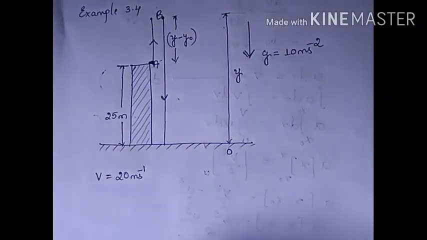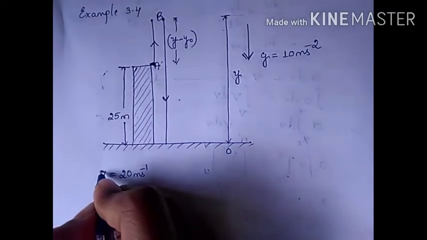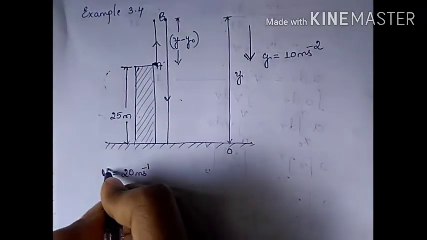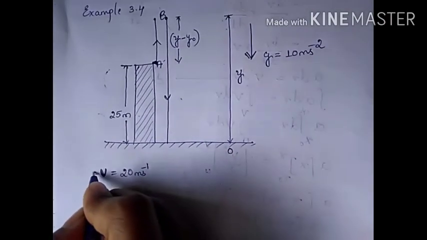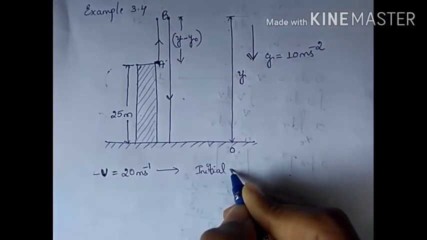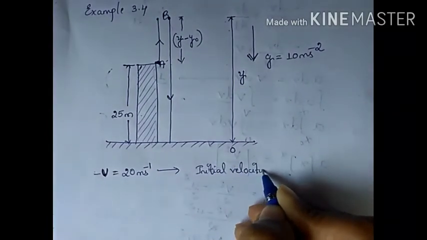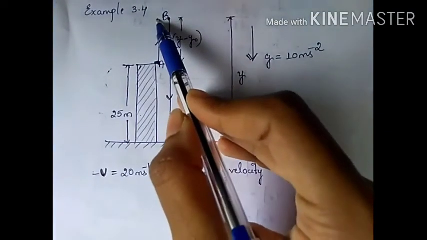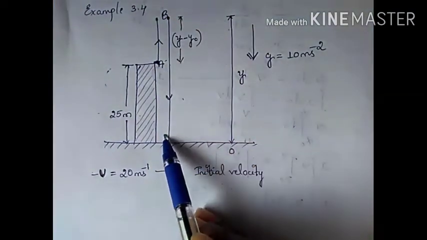Now, what is the initial velocity of the ball? It is 20 meters per second. So this is u, it is not v. Here u denotes the initial velocity. When the body reaches this point, its velocity becomes 0 and then it comes back to the ground.